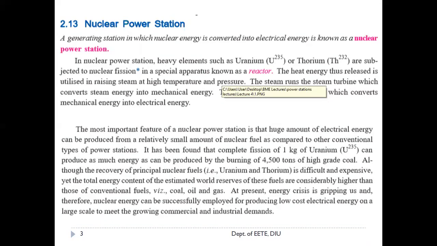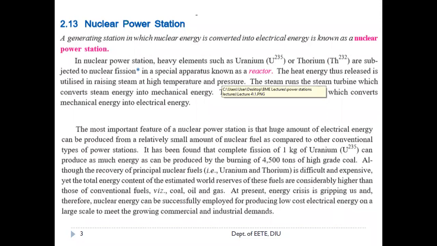In the steam power plant we basically use coal, oil or gas as a fuel to burn and make the steam. But in a nuclear power plant we basically use the fission reaction, which is generated from heavy elements, such as we all know uranium or thorium, which have a high atomic mass.